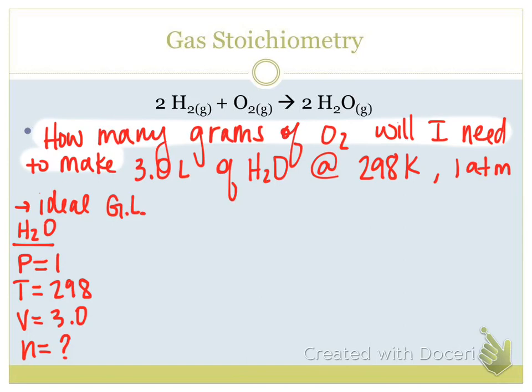And then we can do an easy stoichiometry calculation saying, if I want to make X moles of water, how many grams of oxygen do I need? Right? So we take the temperature and the pressure components into our ideal gas law, and then we can just do a regular stoichiometry problem after that. Okay, so I say P times V equals N times R times T.